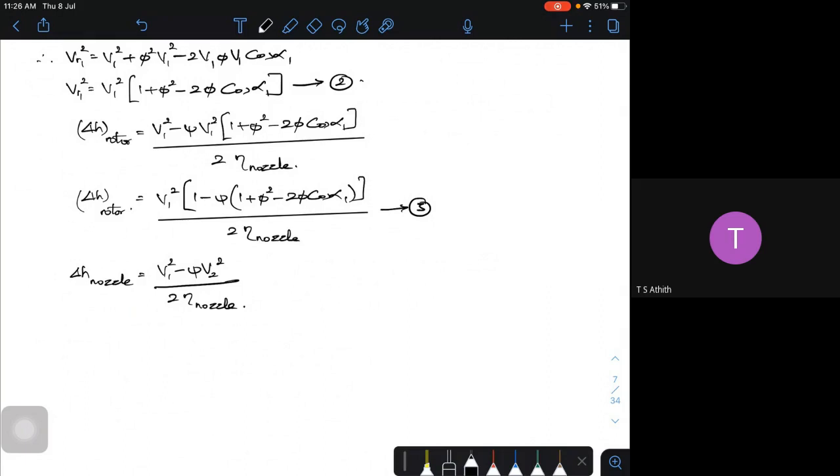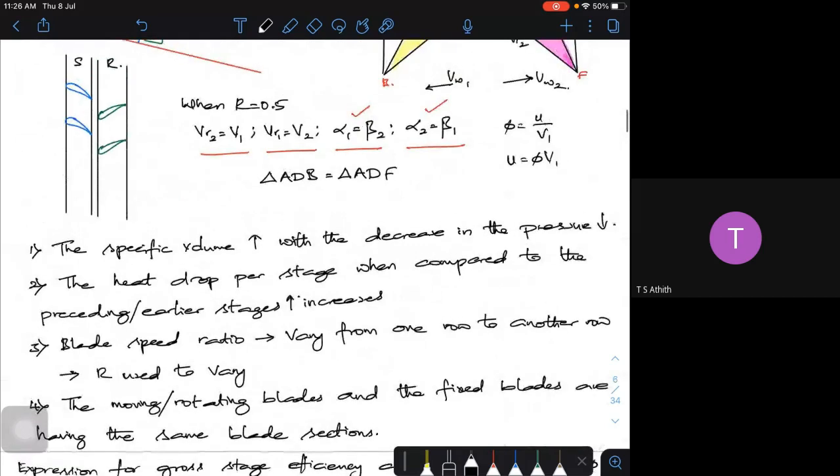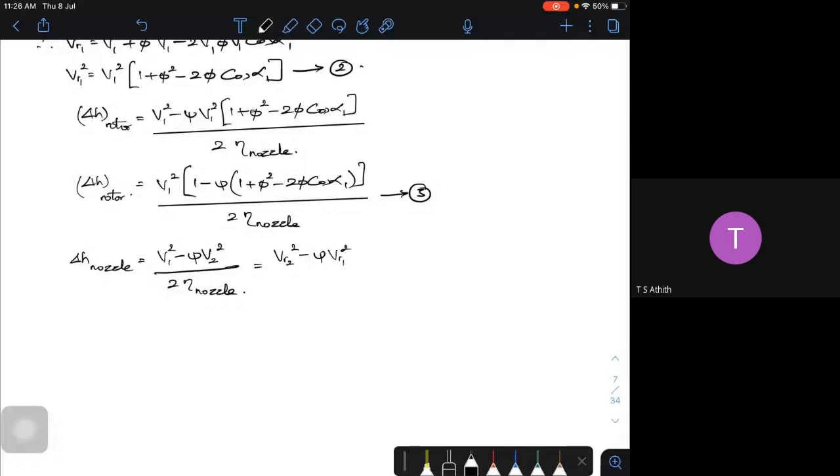V1 is equal to VR2, and what is your V2? If you go back, V2 is equal to VR1. I'm trying to compare, so psi into VR1 square divided by 2 times the nozzle or blade efficiency, whatever it may be.